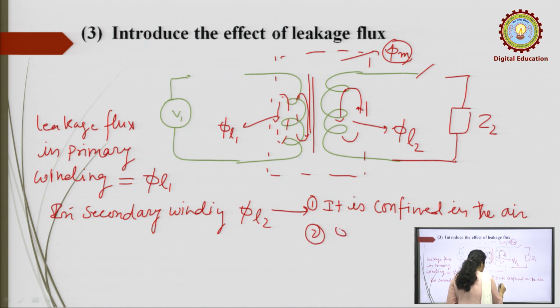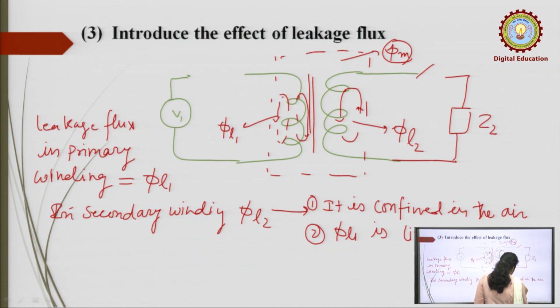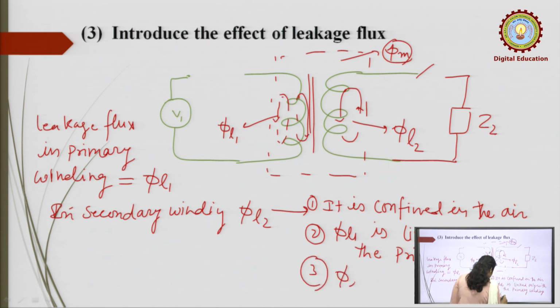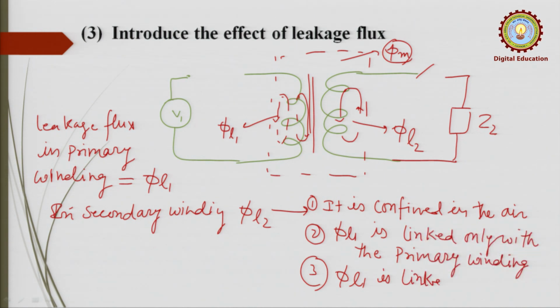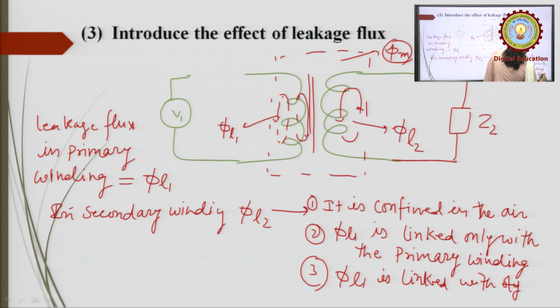So, phi L1 is linked only with the primary winding, and similarly phi L2 is linked only with the secondary winding.